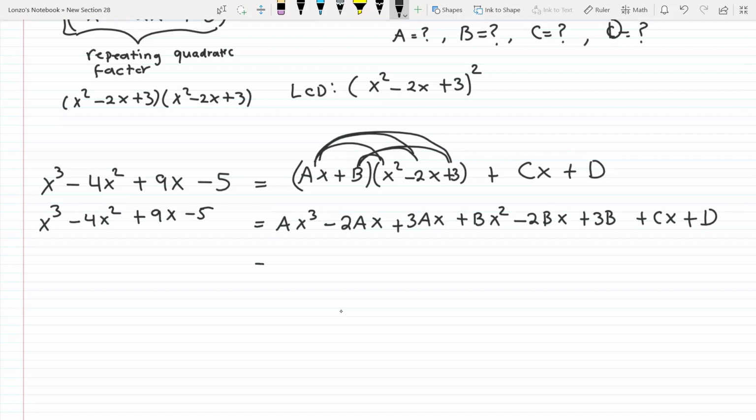Okay. Then on the right side, I'm going to collect like terms. So let's start with the highest power, x cubed. Do you see anywhere else with an x cubed? No. So just bring it down. The next one would be the power of 2. This right here should be a power 2.